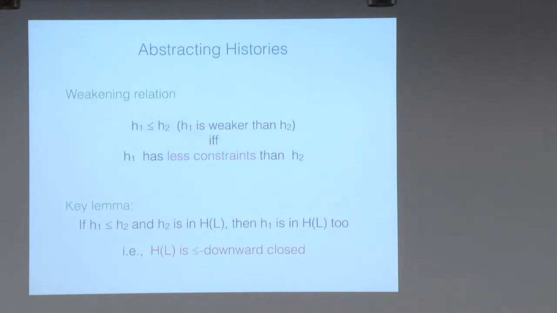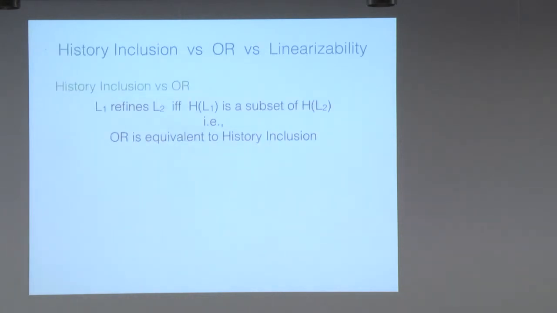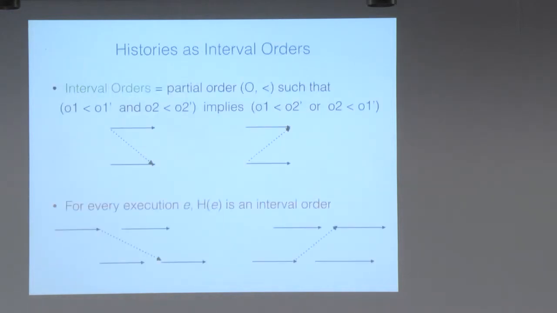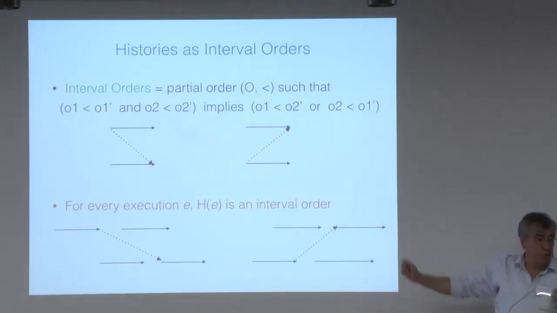Right. So, okay. Let's see, I'm somehow mixing the histories and interval orders. When I am talking here, I am talking about executions and the histories that you get from these executions and from libraries.